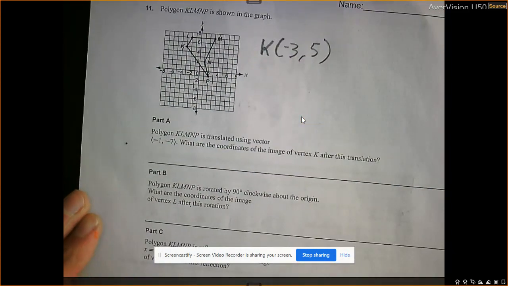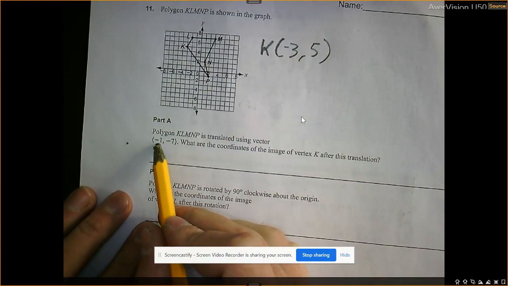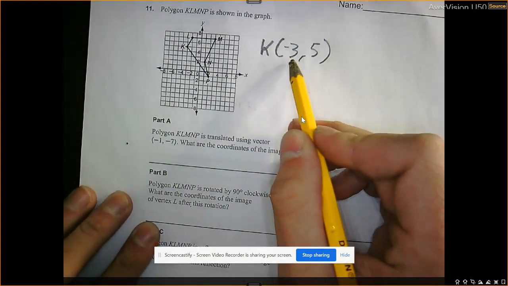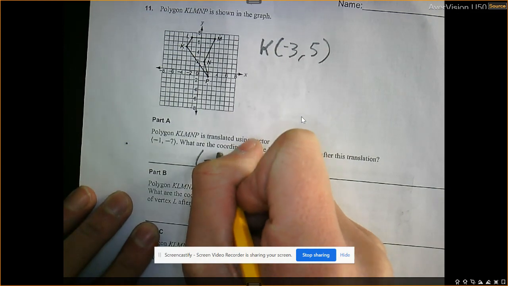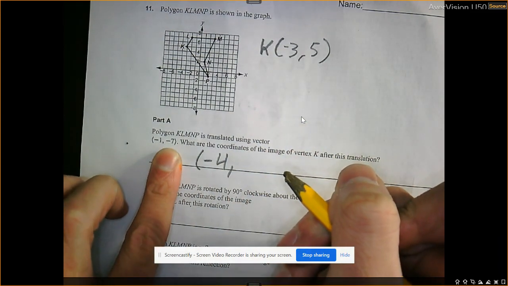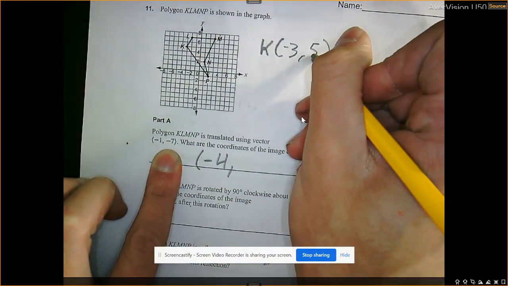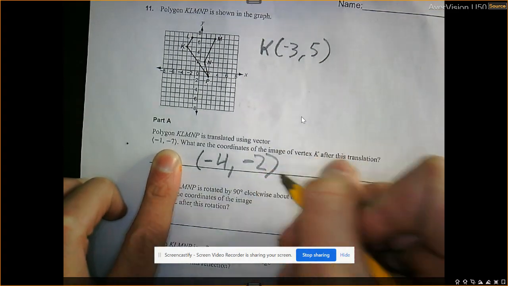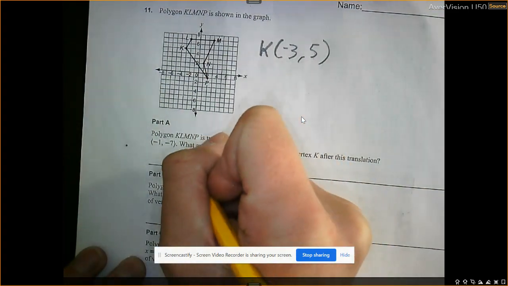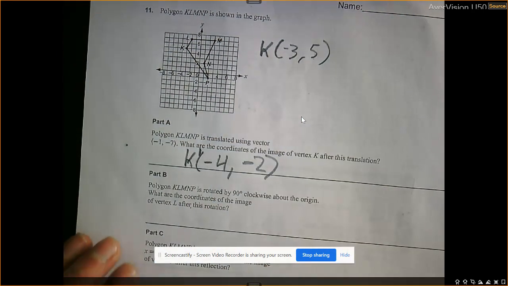And if that is being translated using the vector (-1, -7), that means I need to subtract 1 from my x. Well, -3 minus 1 is -4. And then I need to subtract 7 from my y. 5 minus 7 is -2. So that will give me my K prime here that they're asking about.